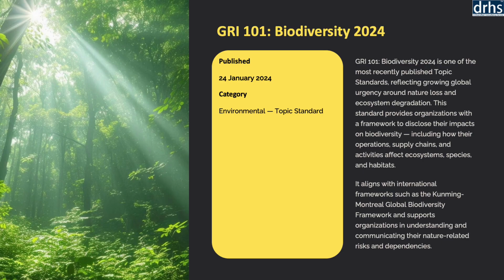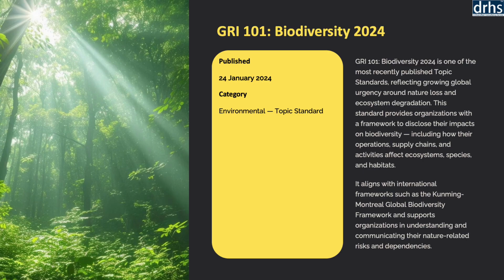It extends beyond mere site-level reporting to encompass value chain impacts, thereby encouraging a holistic understanding of how business activities influence ecosystems, habitats, and species. This broadened scope ensures that organizations account for both direct and indirect dependencies on natural capital.